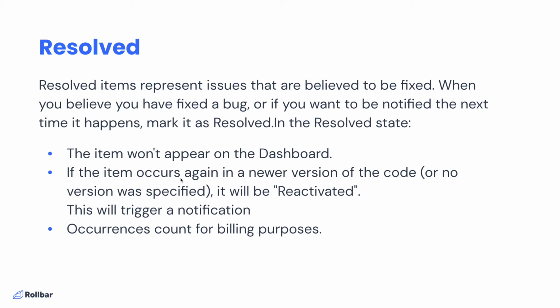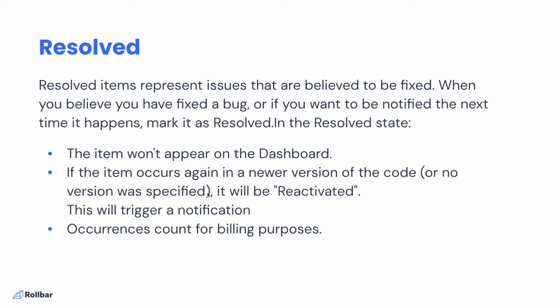So if a resolved item occurs again, then we're going to see that. It's going to reactivate, go back into the active status. There's usually an alert specific to tracking things that are reactivated, so you might get a Slack message or some type of notification about that. And then it will reappear on your dashboard because it's back in the active state.